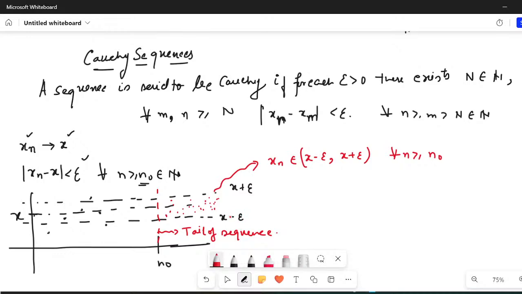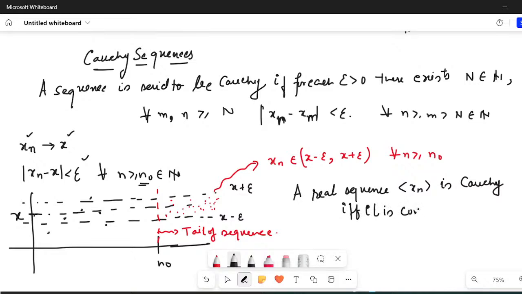Always remember when we are doing real number space, that is, we are dealing with a connected metric space, that is R, there we can write one generalization: a real sequence xn is Cauchy if and only if it is convergent.